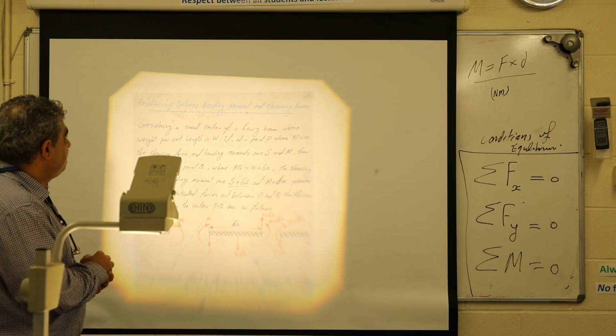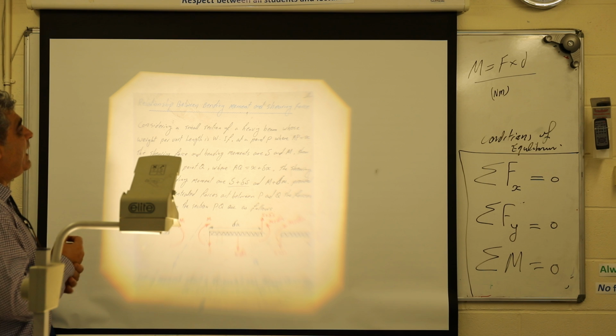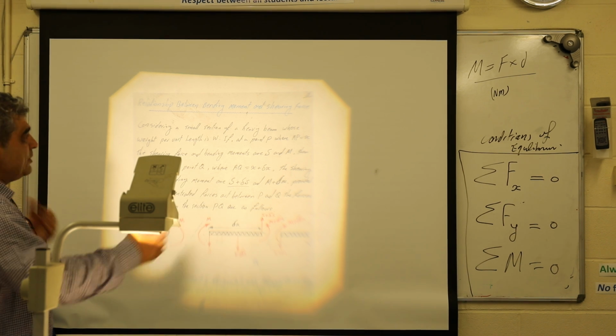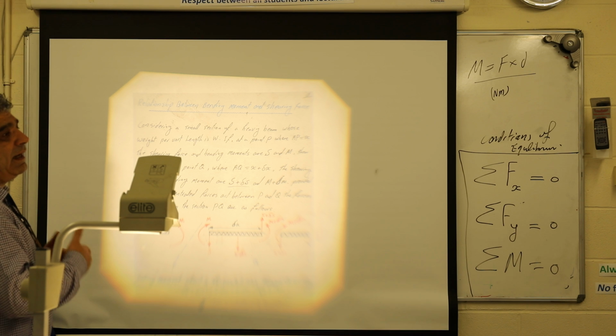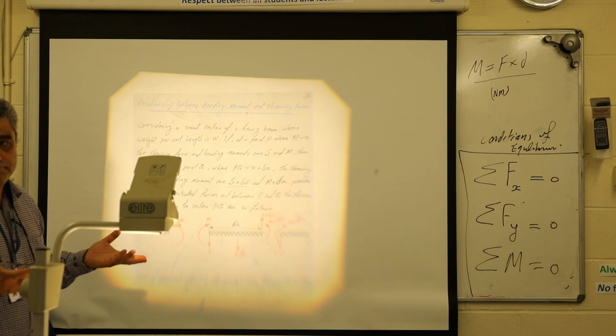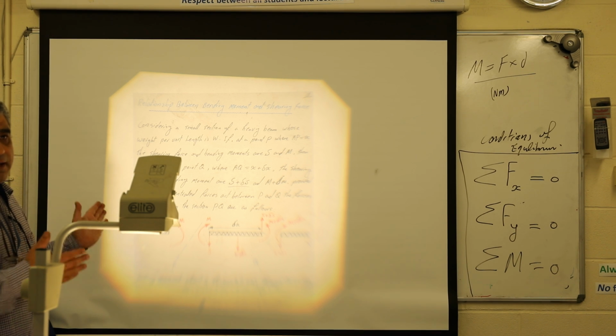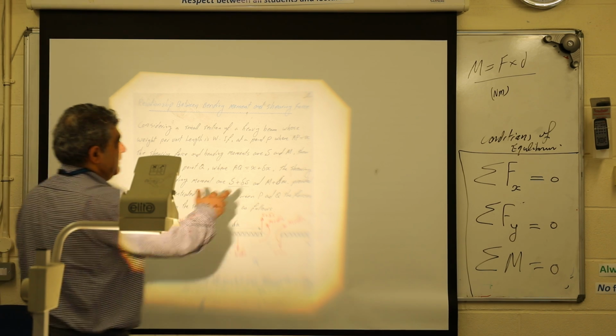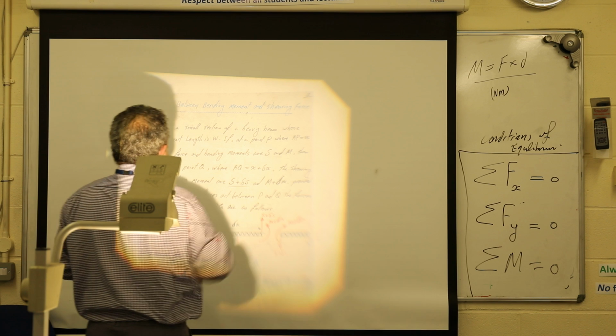Okay? Consider a small section of a heavy beam whose weight per unit length is W. At the point P where AP is equal to X, we take a cut at the point P. From the beginning to the point of the cut, I call it X. Are you happy with that?